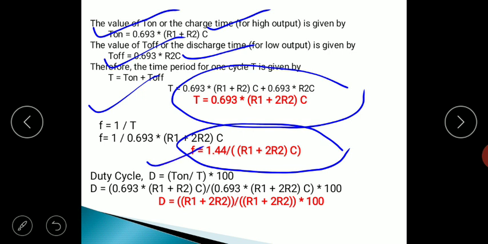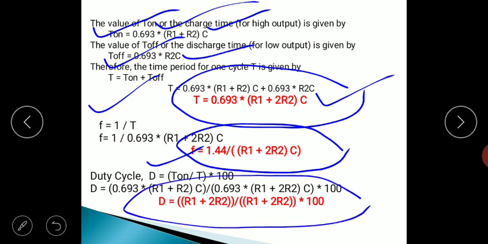So substitute the values of T on and T. T on is 0.693 into (R1 plus 2 R2) into C, whereas T is 0.693 into (R1 plus 2 R2) into C. If you substitute this here, we'll get the duty cycle for an astable multivibrator using 555 timer as (R1 plus 2 R2) divided by (R1 plus 2 R2) into 100%.